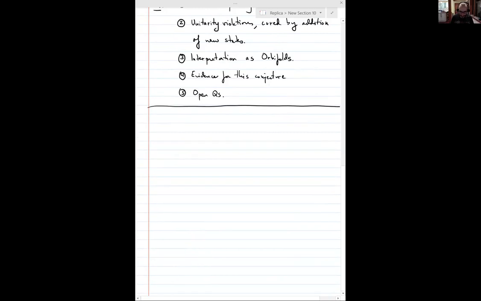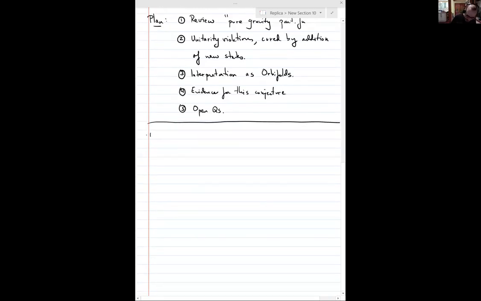So let's just begin by asking how we might construct a pure gravity partition function. And in particular, what I would like to do is imagine constructing the torus partition function of the theory.